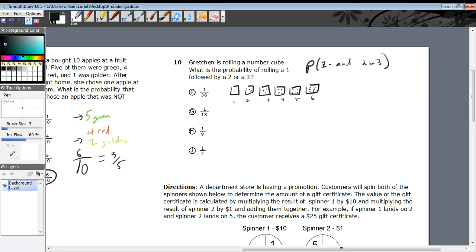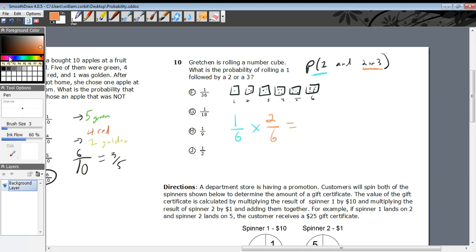So the probability of drawing a 1 here is just 1 out of 6, and a 2 or 3. So my next roll is a 2 or a 3. So it can be either one of these, 2 or a 3.